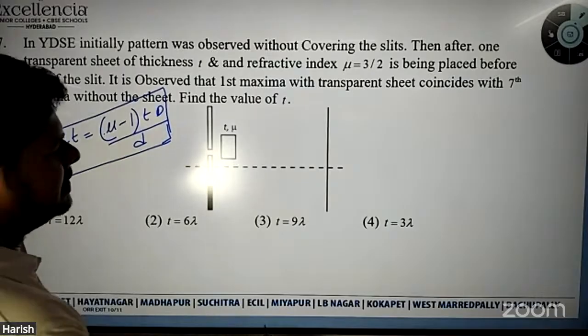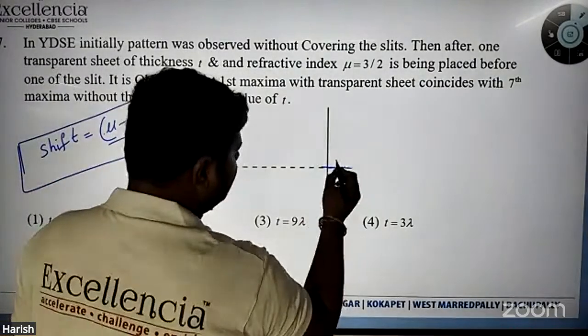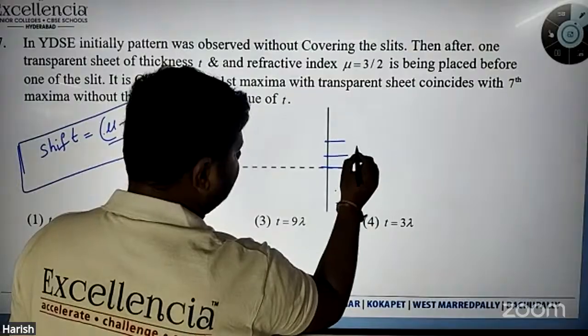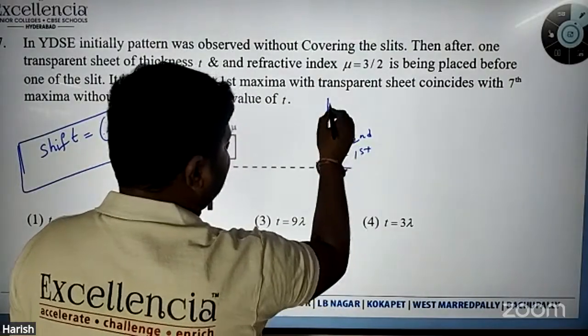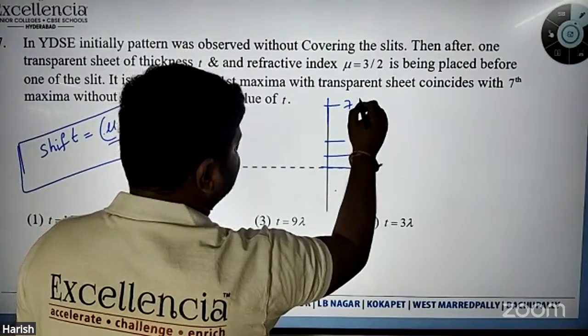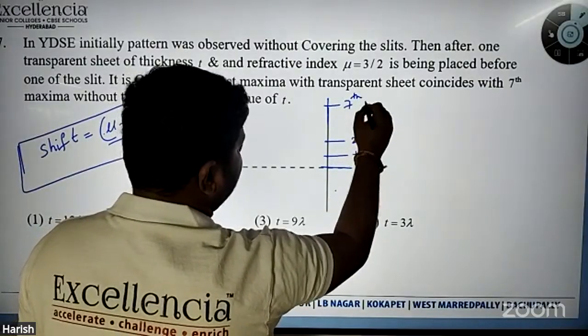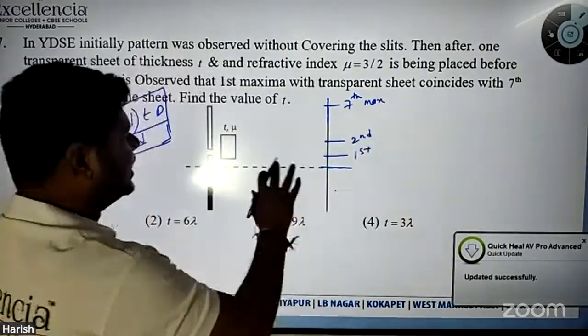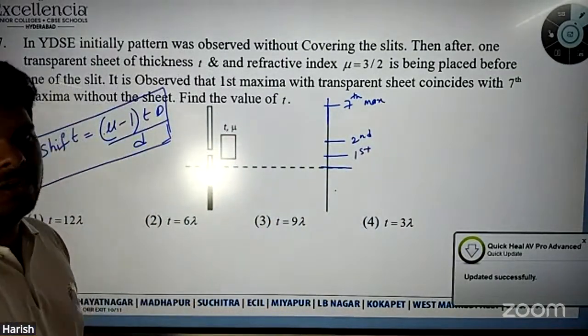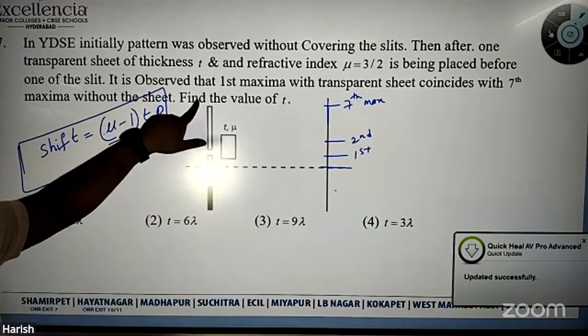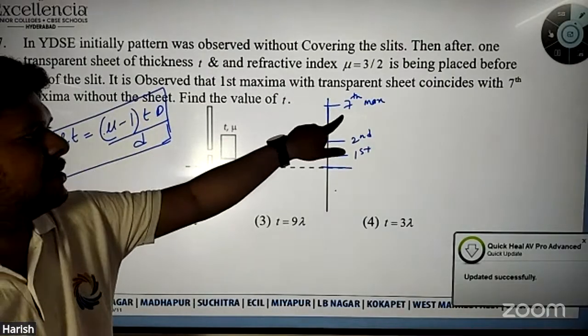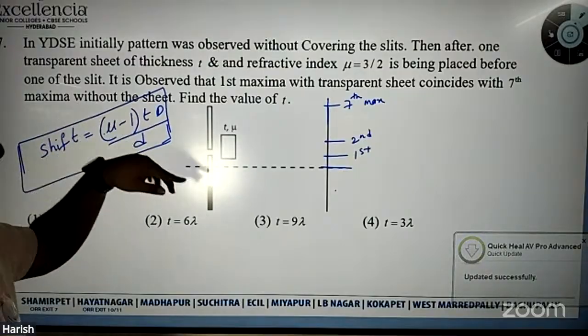We know here we get the central maxima, this is first maxima, second maxima, and so on. Let's say somewhere here you're getting the seventh maxima. This is the case when the slab is not there. But after placing the slab, they are saying that the first maxima is coinciding with the seventh maxima.